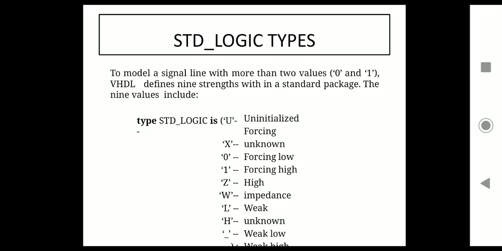So the first value is U, that means uninitialized forcing. Then X means unknown. Then 0, that means forcing to low. 1, forcing to high. Z means high impedance. W means weak. L means weak low.